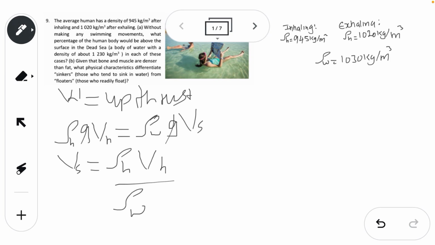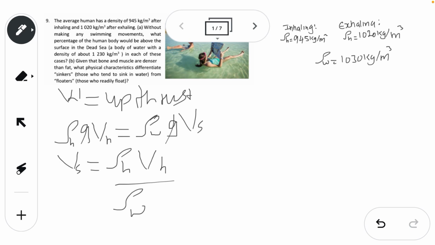Now notice that here we are still dealing with the case in which the human is breathing in, so we consider the density of the human as the human inhales. Let's substitute these values.